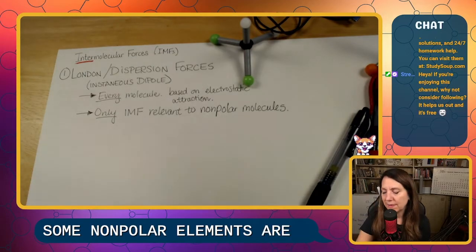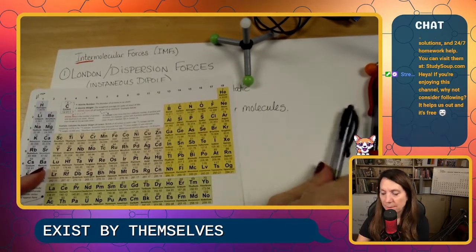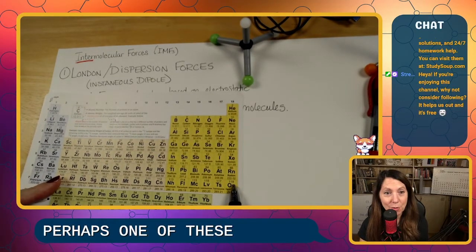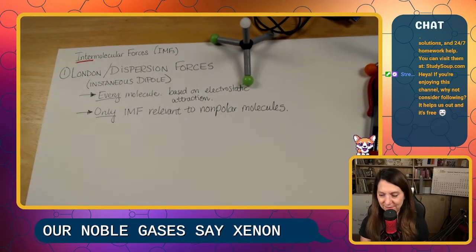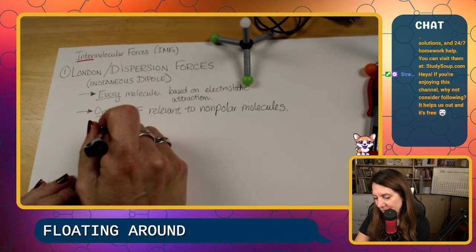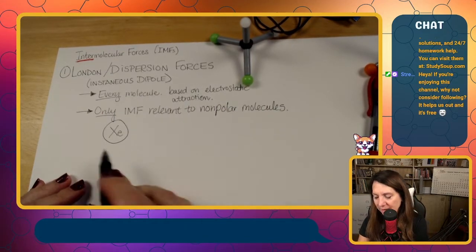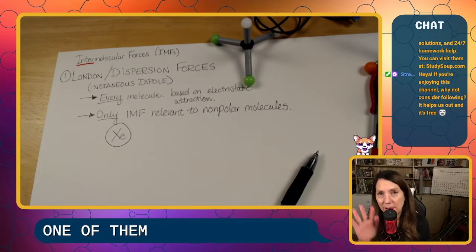Are there any elements that exist by themselves? Like perhaps one of our noble gases, say xenon, floating around? Okay, xenon is a monatomic gas at room temperature. Monatomic, just one neutral atom floating around.